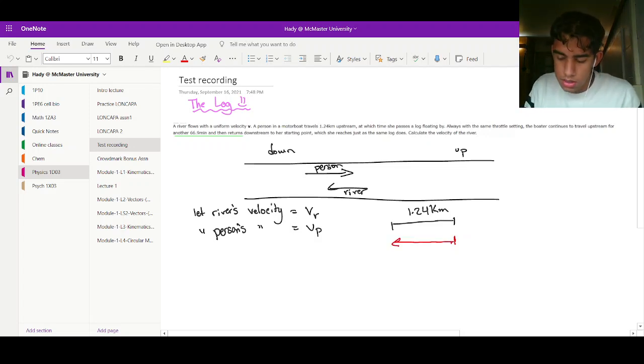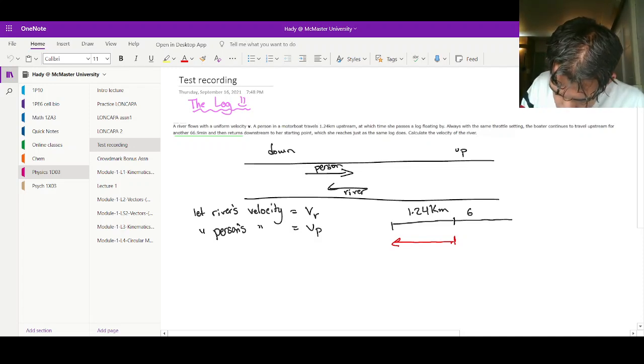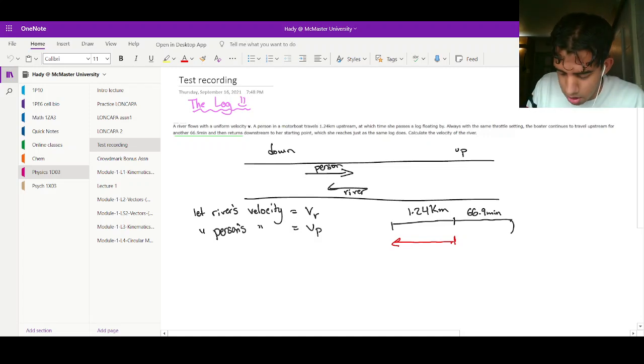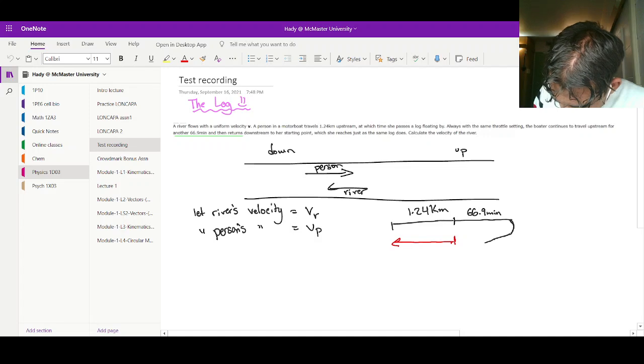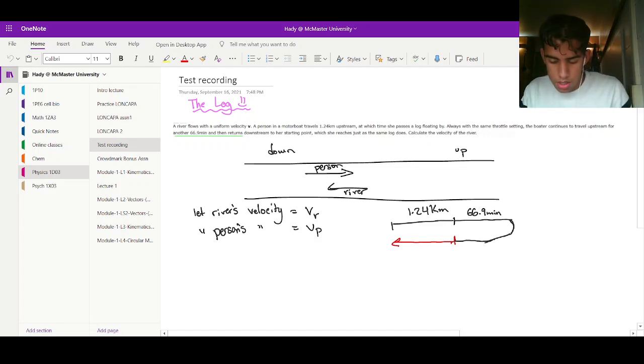At the same throttle setting, the boater continues to travel upstream another 66.9 minutes. So 66.9 minutes after it passes, and then it turns around. Let's pretend there's no time for the turn, but that's just for visual. And it turns around and it comes back.